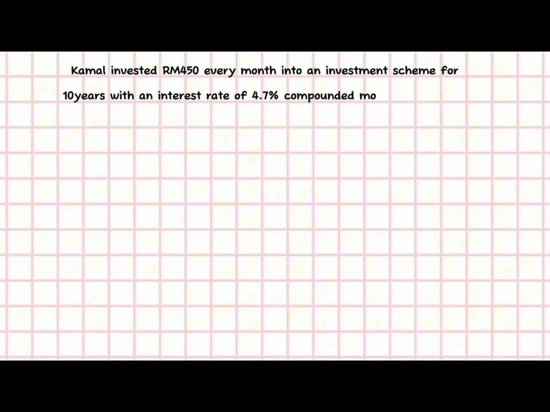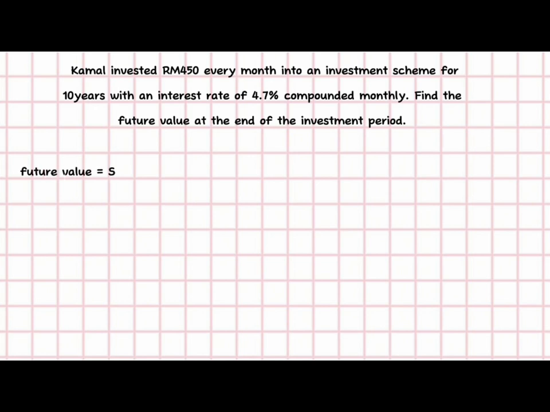Kamal invested RM450 every month into an investment scheme for 10 years with an interest rate of 4.7% compounded monthly. Find the future value at the end of the investment period. The first thing is we need to gather the information. Future value is S, R is 450, T is 10, K is 0.047, M is 12.